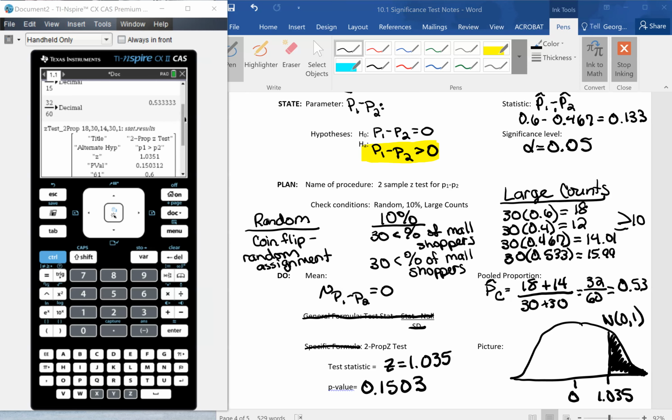Okay, so the last thing left for us to do is just do the conclusion on this problem.